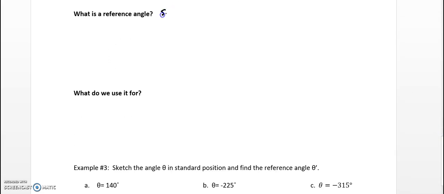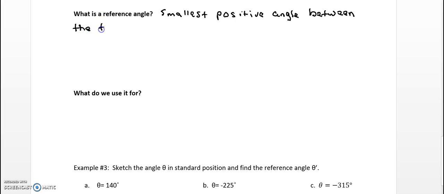It is the smallest positive angle between the terminal side and the nearest x-axis.